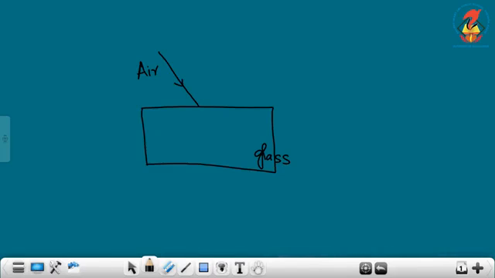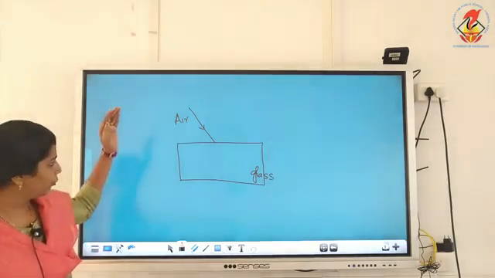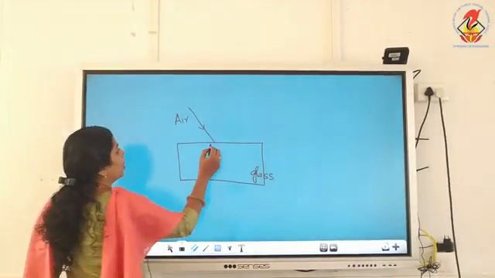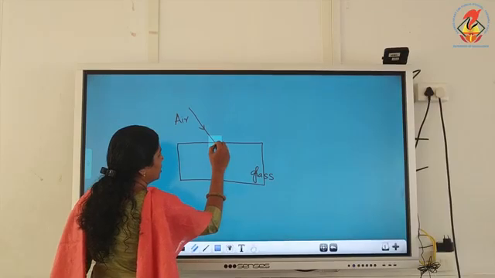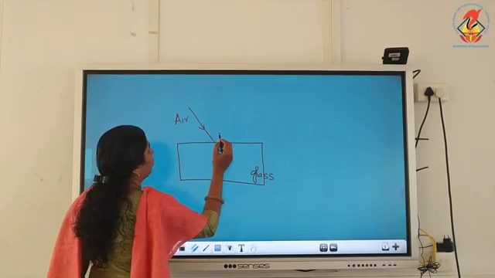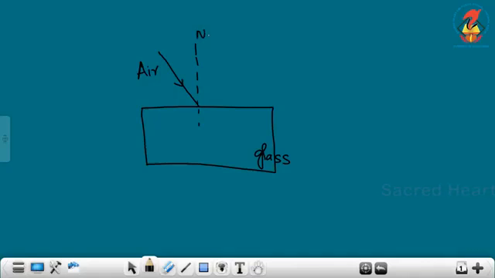That incident ray from air enters glass. At this point, known as the point of incidence, I will draw a normal.